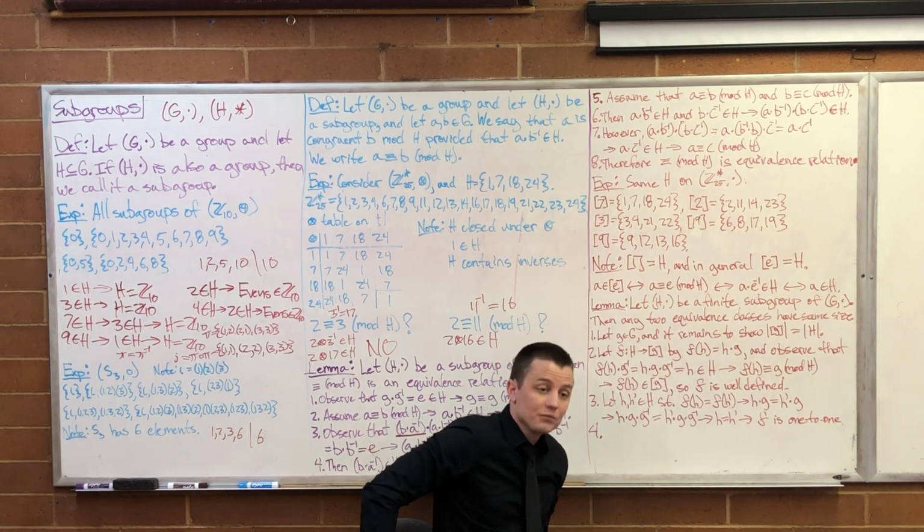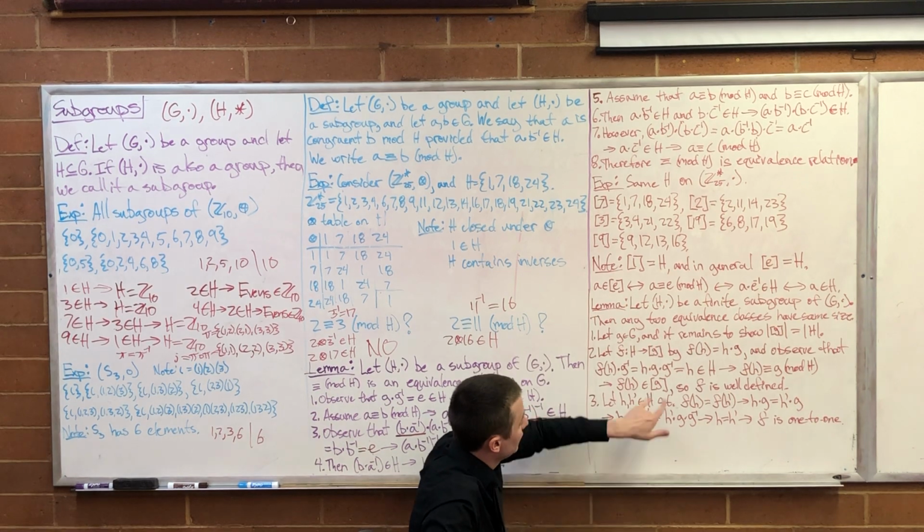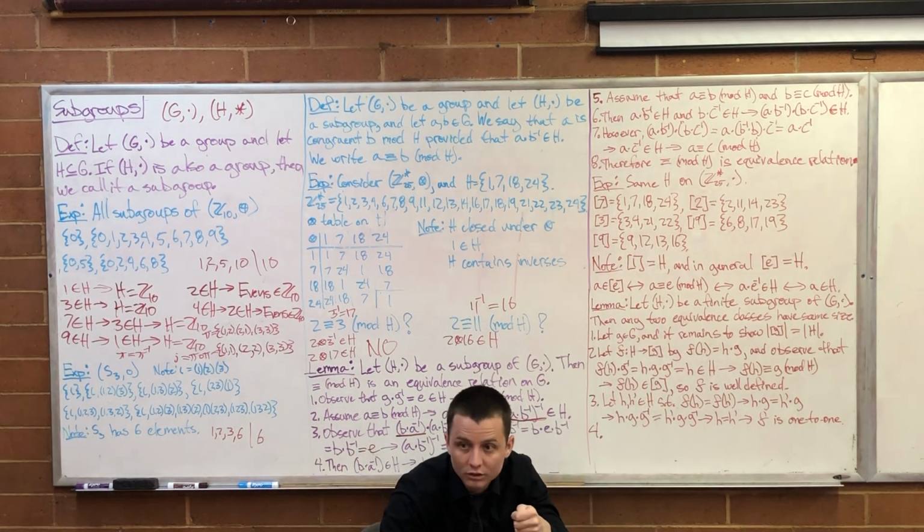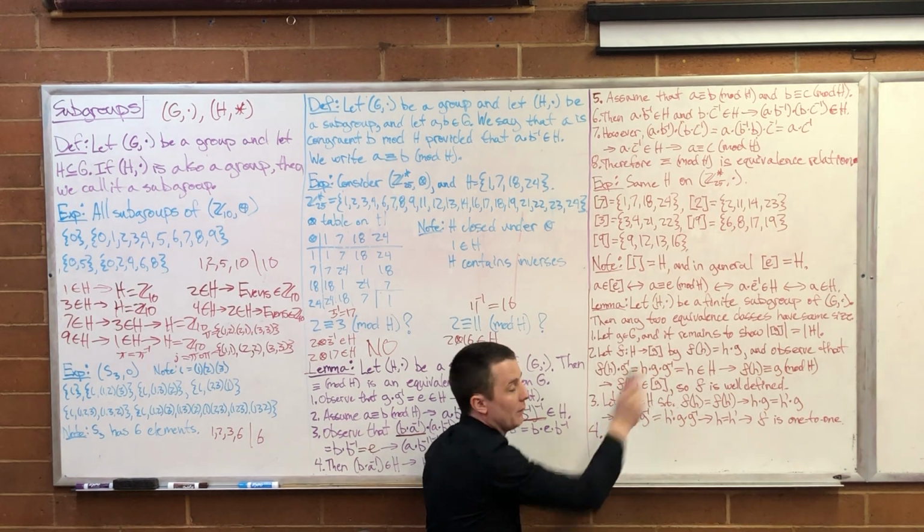Good? Now I need to prove that f is onto. How do you show it's onto? I need to show that for any element in g's equivalence class you choose, I can find an element in h that maps to it.